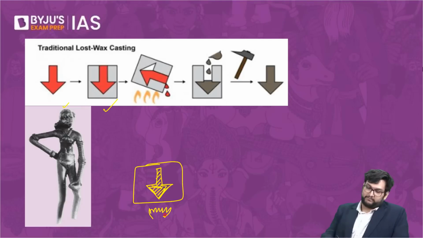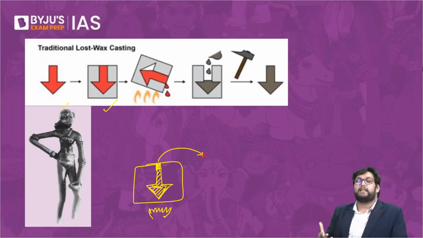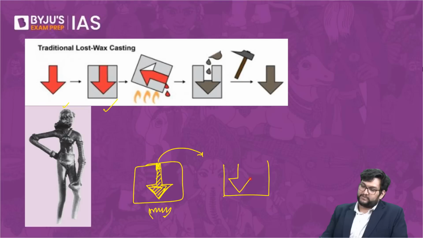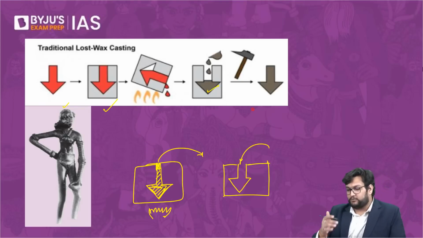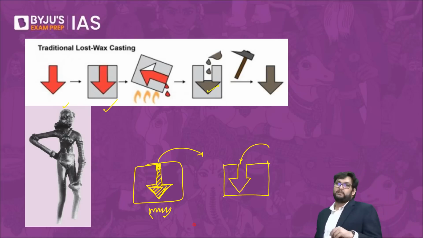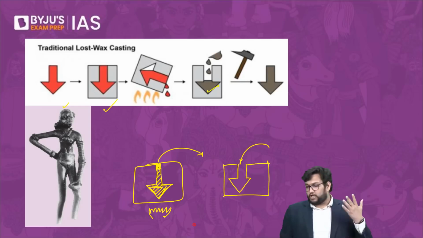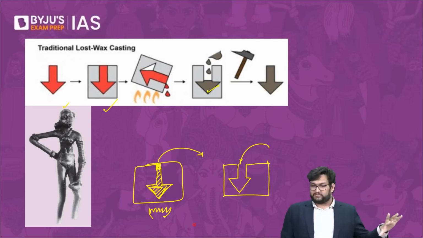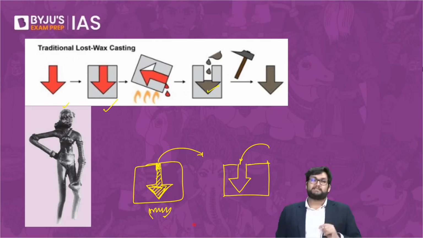It melts. When it melts, you take out the wax from it. So what will be left is basically a mold which was previously in wax, and then you pour the metal into it and then you break the mold. So what you get is basically the object in bronze. That's why it's called lost wax technique, because we lose the wax in the process.